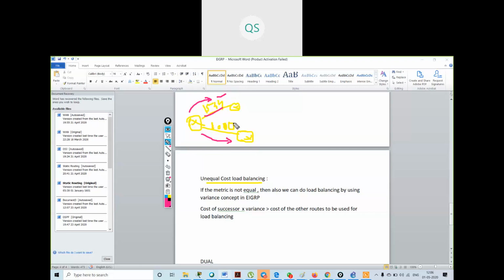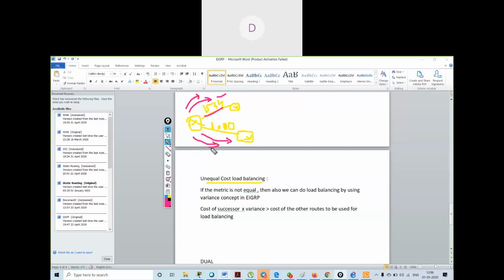It will select this path and it will not select this path because we are not using unequal cost load balancing. And once we enable unequal cost load balancing, then it will send some packets via this route and also via this route.